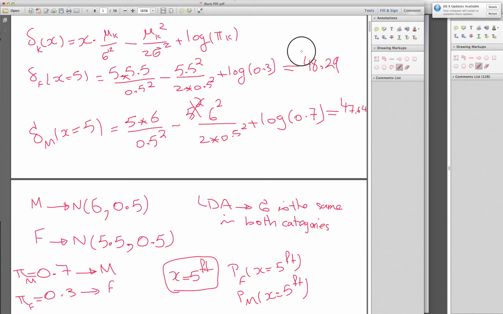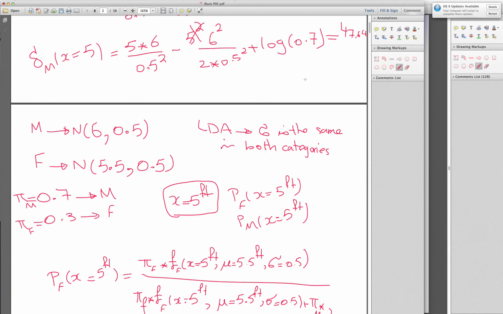That means it's more likely that value would be female. So as you can see, the discriminant scores are shortcuts to just work on the probabilities of belongingness to each category.